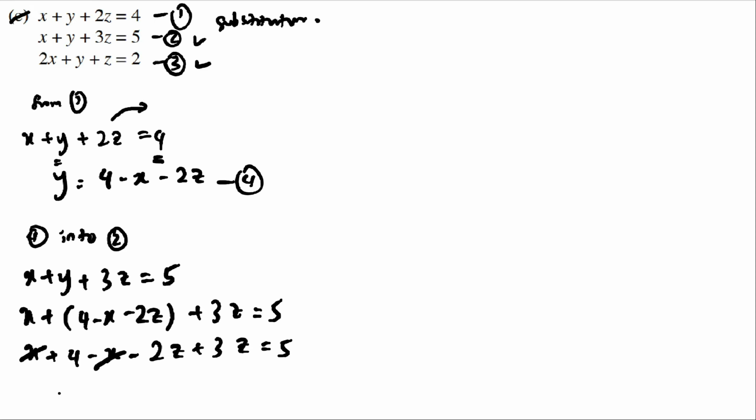Negative 2z plus 3z is equal to 1. 4 plus z is equal to 5. So when you want to find z, you can bring 4 to the other side. 5 minus 4, you get 1.